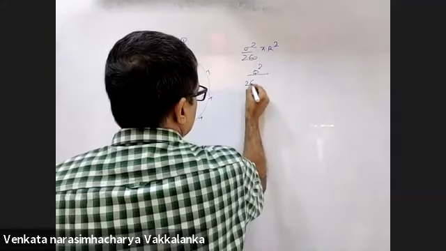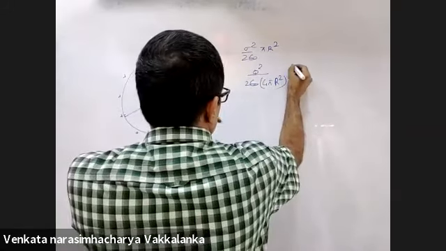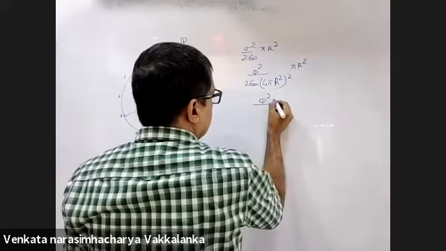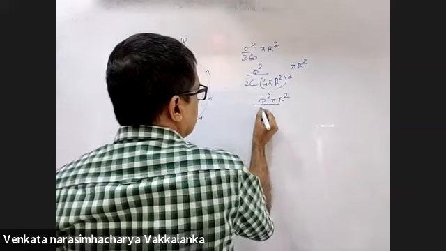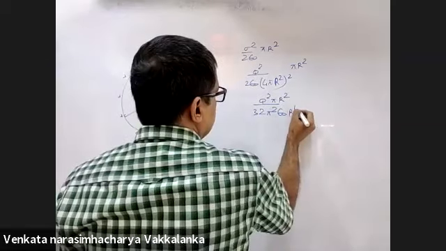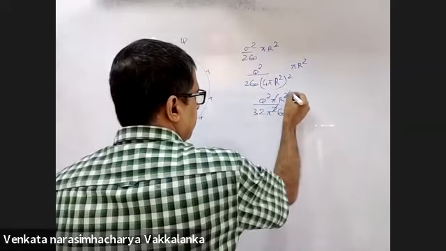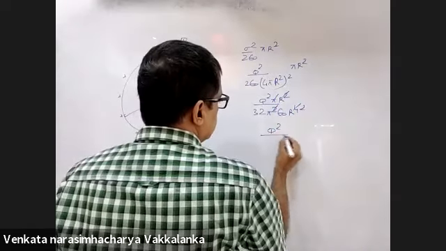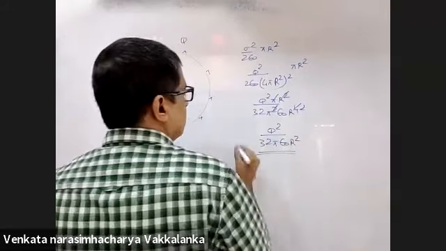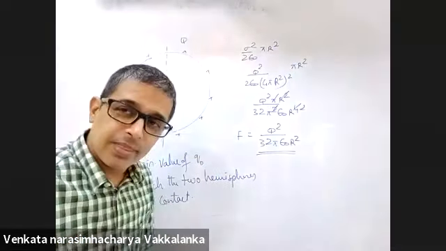Q by 4 pi r square. So it becomes pi r square Q square by 32 pi square epsilon naught r to the power 4, that is, Q square by 32 pi epsilon naught r square. This is the force exerted by one hemisphere on the other.